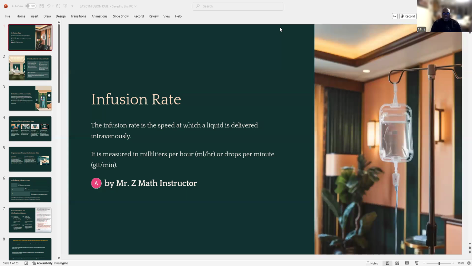The infusion rate is going to be 100 milliliters per hour. So that medication will be infused at the rate of 100 milliliters per hour.